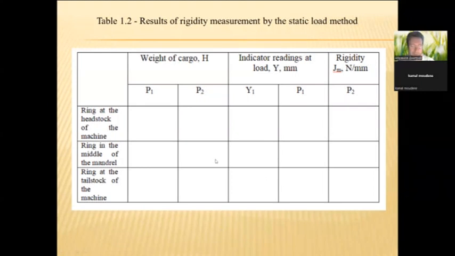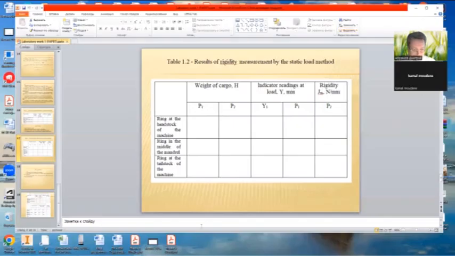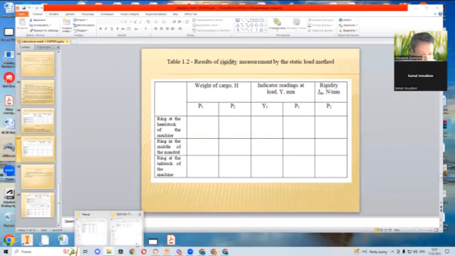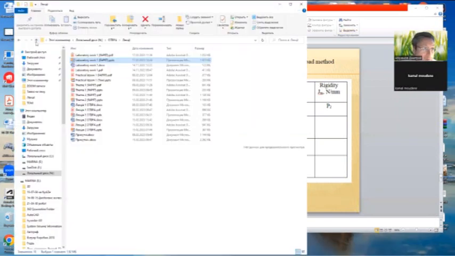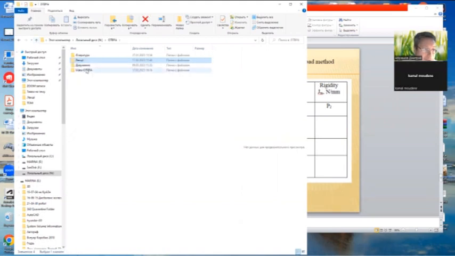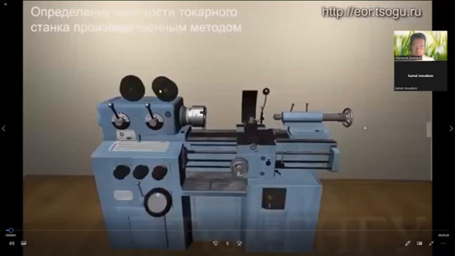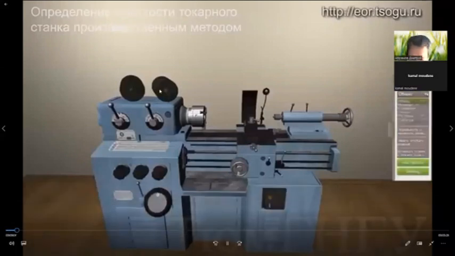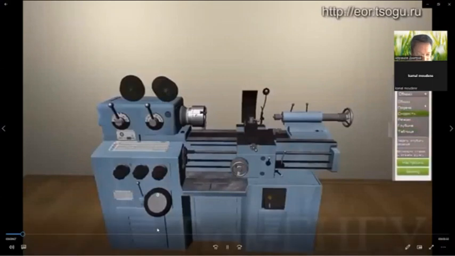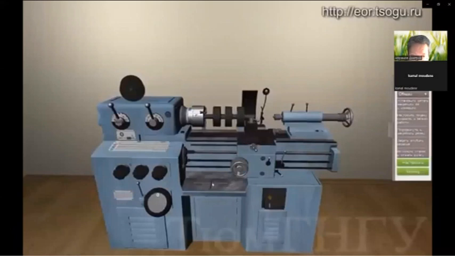So before we start to calculate the rigidity of the lathe, you need to see another video with the process of this method. It's a lathe. We use the mandrel with 3 rings.